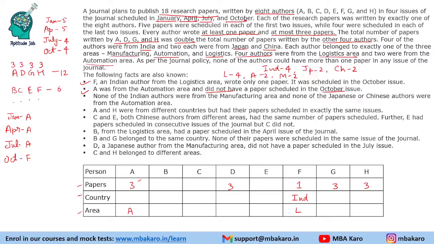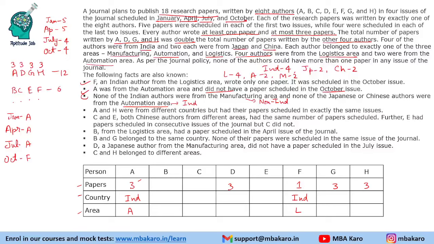Next, none of the Indian authors were from manufacturing area, and none of the Japanese or Chinese authors were from automation area. So the automation area authors are Indian and the manufacturing area authors are non-Indian. Now this gives us that A is from India.